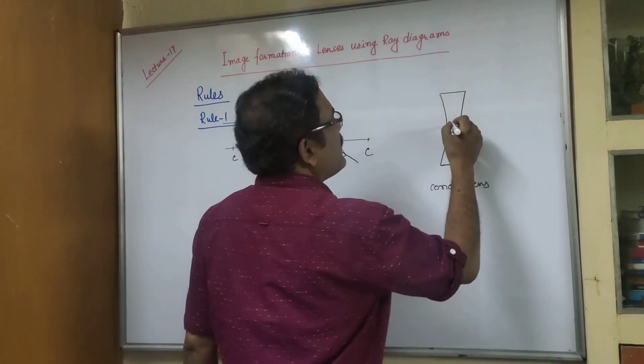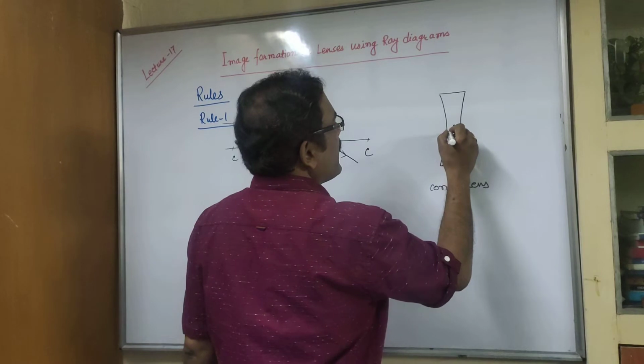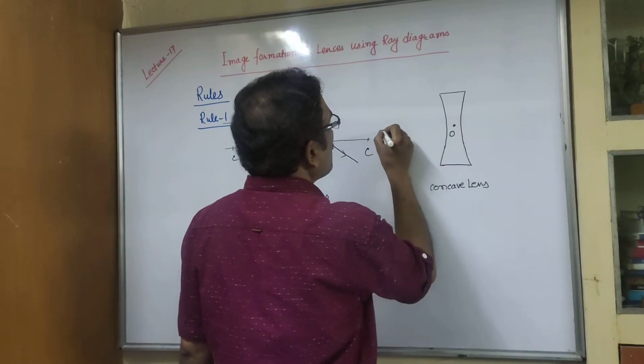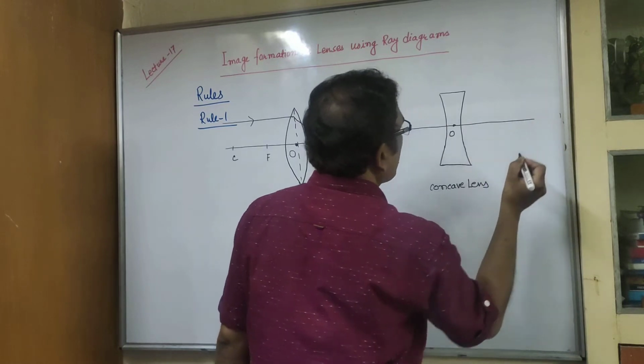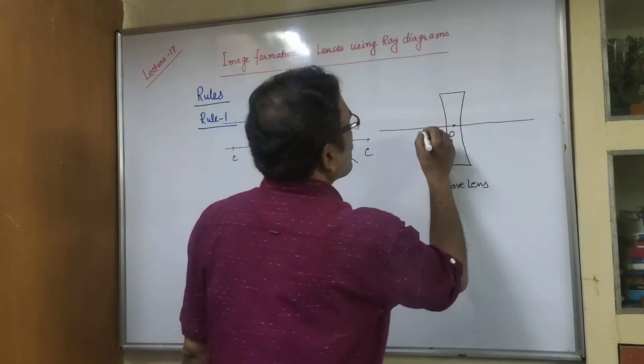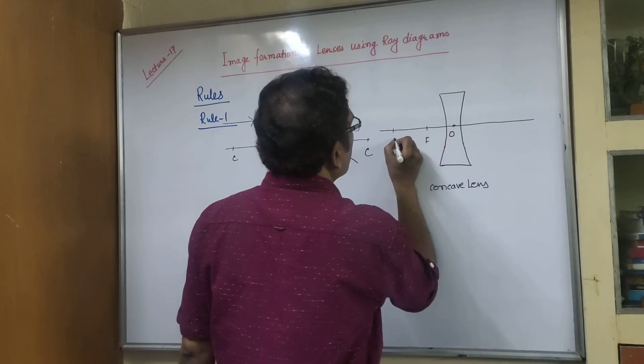Similarly, mark a point at the center of the lens. As you know, this point is optical center. Draw a horizontal line through optical center of a concave lens.